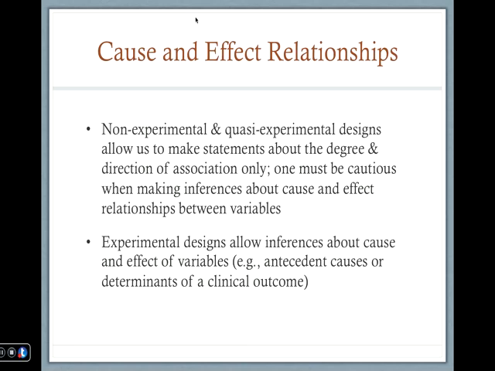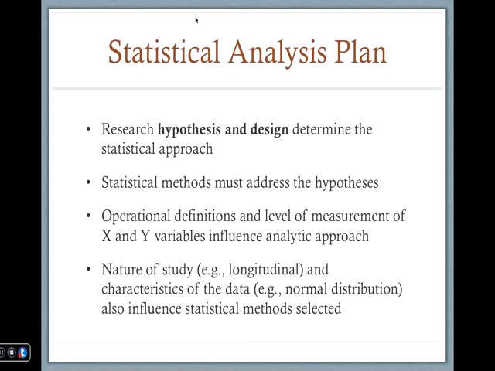There seems to be a weak positive relationship between X and Y. There seems to be a strong negative relationship between X and Y, but one must be cautious about making inferences about cause and effect. Experimental designs allow you to make those inferences between cause and effect.